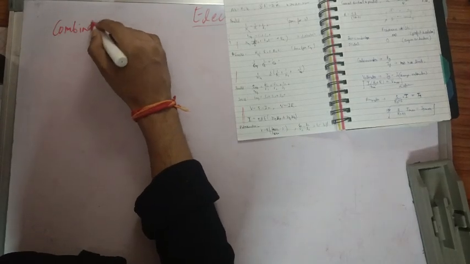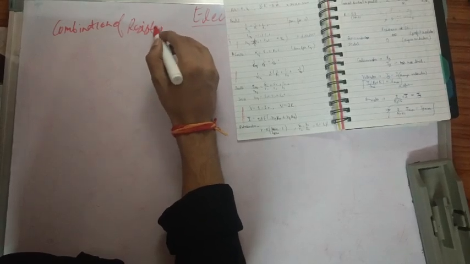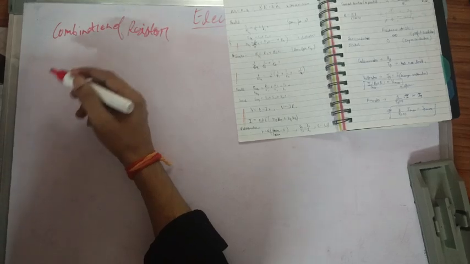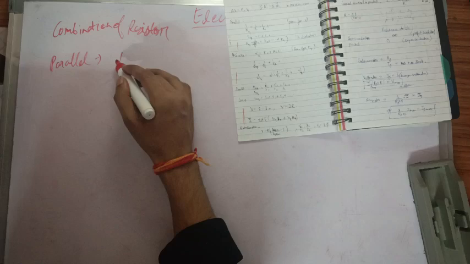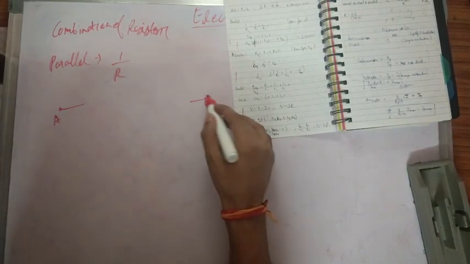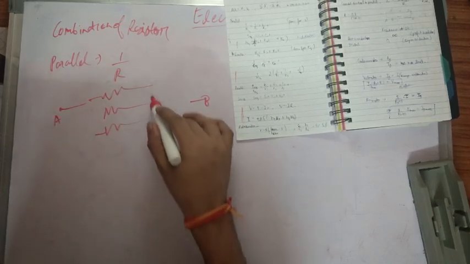Now calculation of resistance. First, for resistance calculation, when there is a combination of resistors, if we have a parallel combination of resistors, let's say there is a point A here, B here, and there are resistors added parallelly like this.